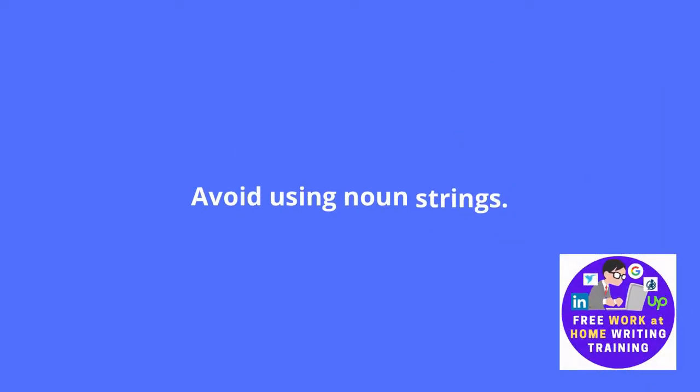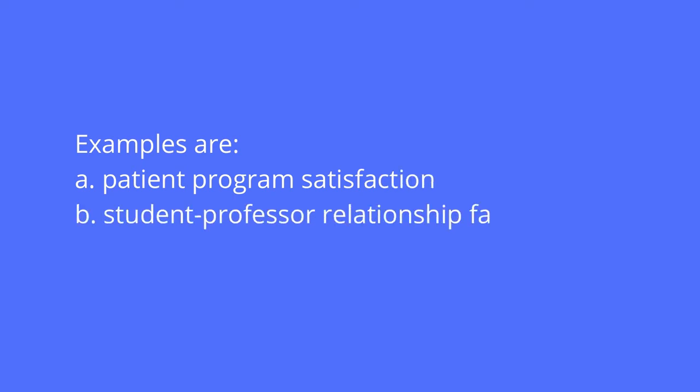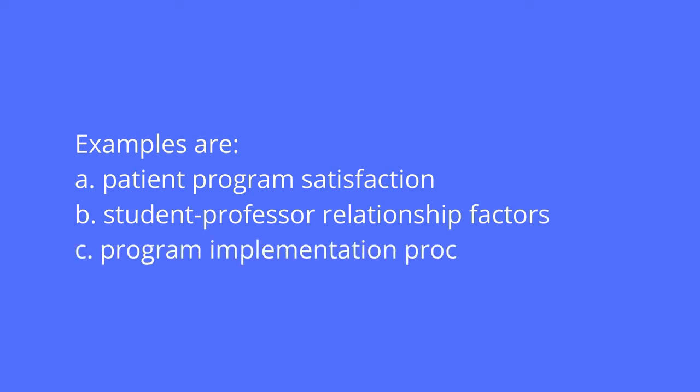Avoid using noun strings. Unless your readers are familiar with your terminology, avoid using strings of nouns. Examples are patient program satisfaction, student-professor relationship factors, program implementation process evaluation.